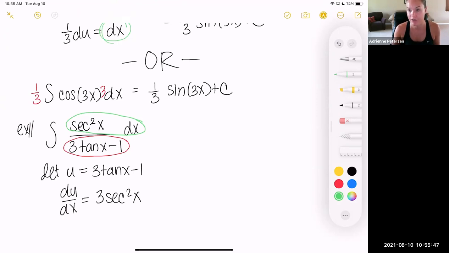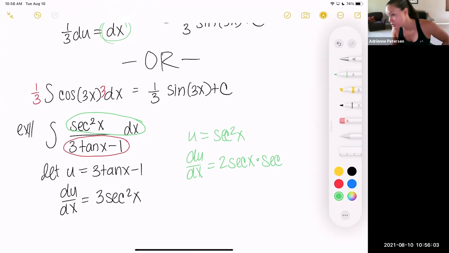So if you're doing this in another class and you're not sure what to let u be, try it out. So if we let u be secant squared of x, then du dx would be 2 secant of x times the derivative of the inside, which is secant tangent, which we definitely don't see anywhere in our integrand. Okay, so that'll tell you we didn't do the right thing.